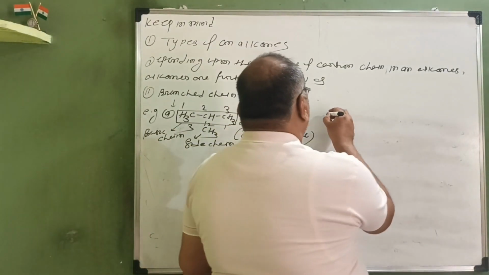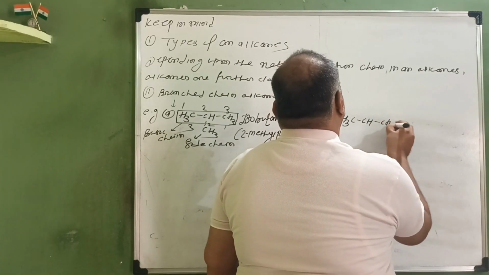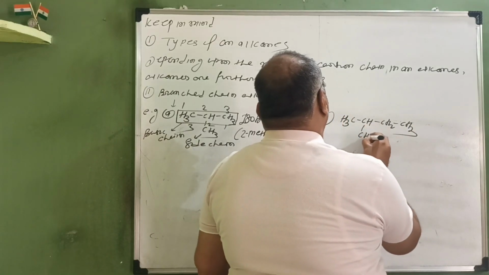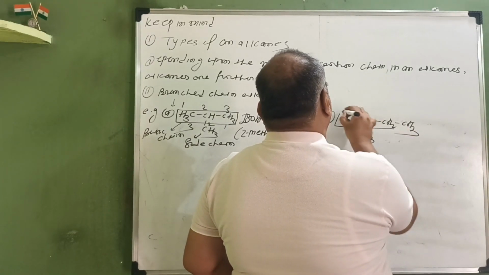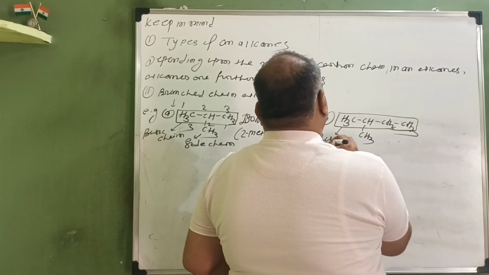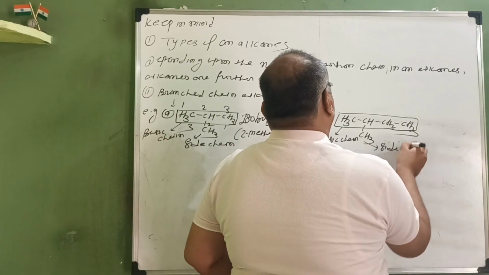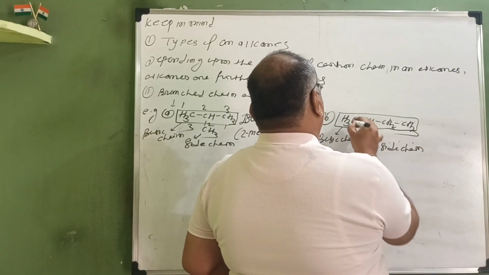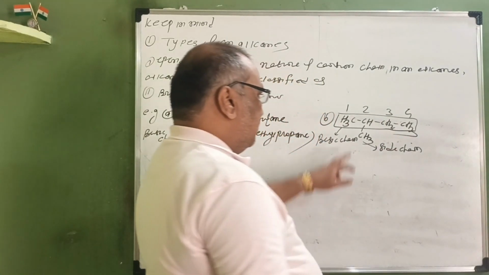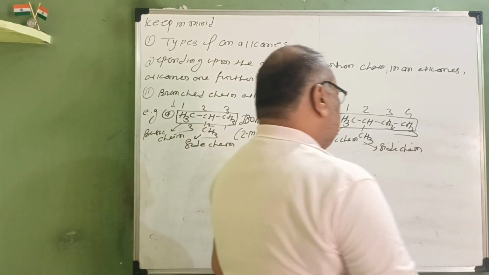This isobutane is the common name, while 2-methyl propane is the IUPAC name. Second example, CH3, CH, CH2, CH3. Again here, this is the basic chain, this is the side chain. 1, 2, 3, 4. Here one of the carbon atoms is attached to the second carbon atom of the basic chain.